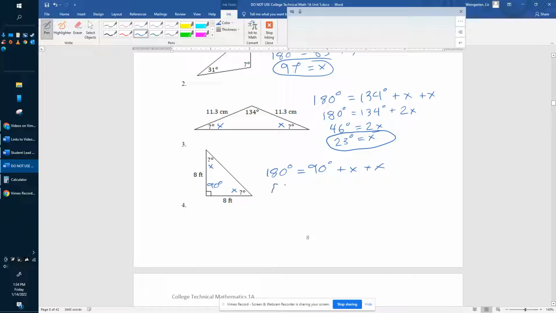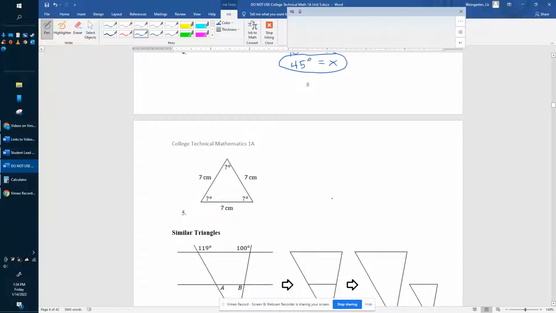Combine our like terms. Subtract 90 from both sides. So x is 45 degrees. This is going to be true for any right isosceles triangle. Those two angles are always going to be 45 degrees.